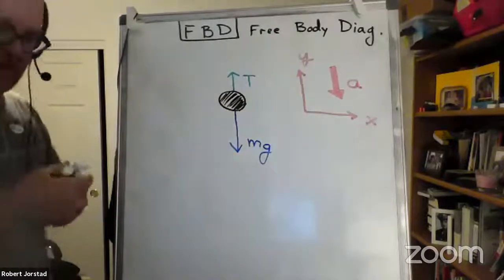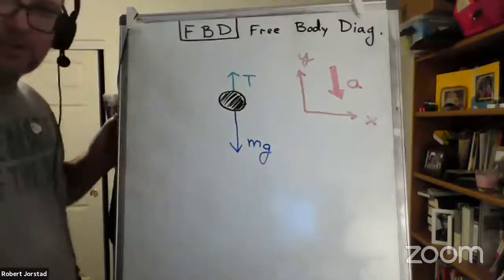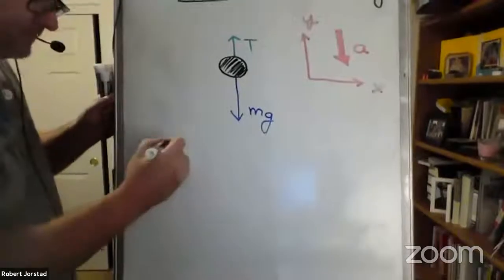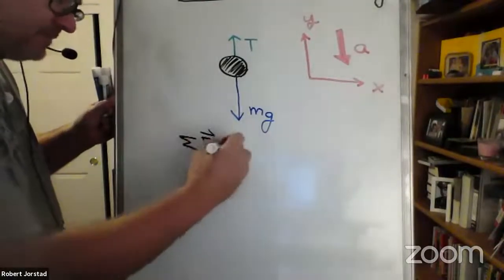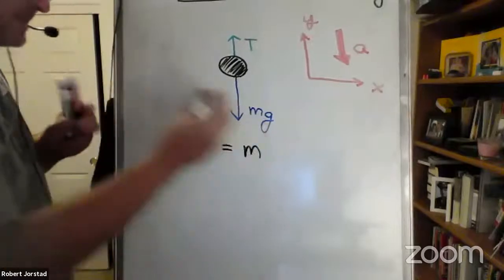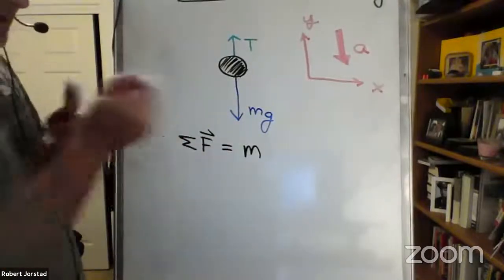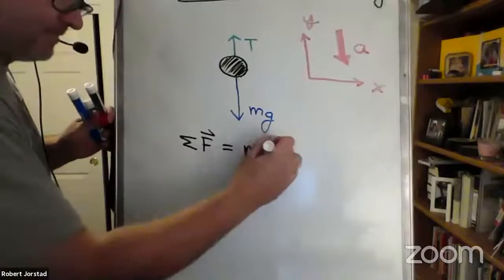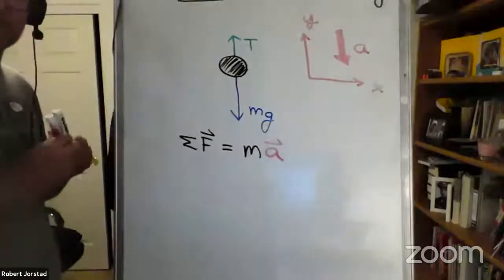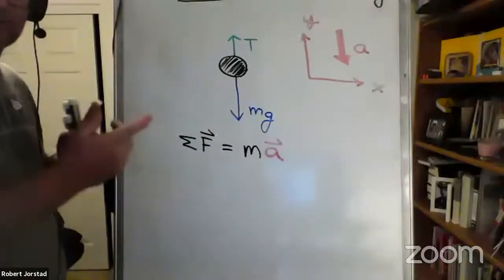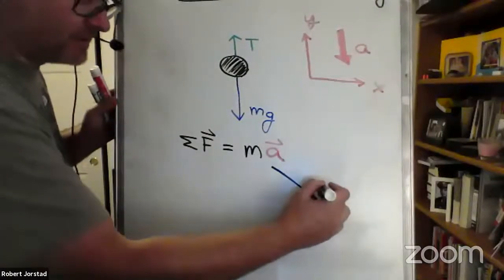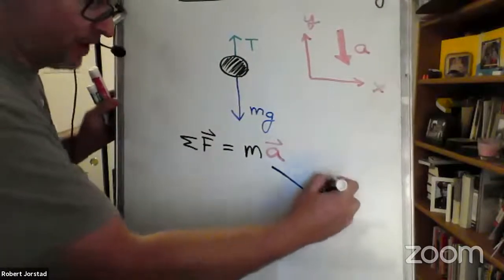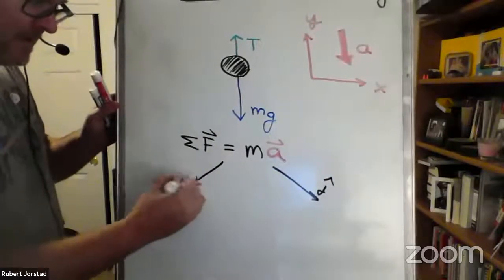Okay. So now I'm going to write down my force equation. We always know the sum of forces is equal to mass times acceleration, right? That's always true. This is Newton's second law. In practice, we can split this off into a j hat part and an i hat part.